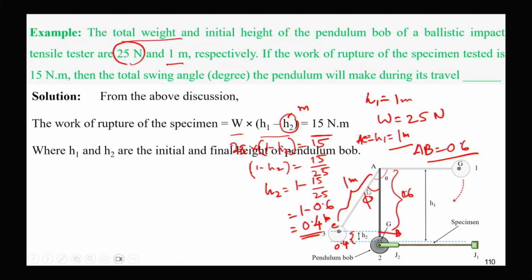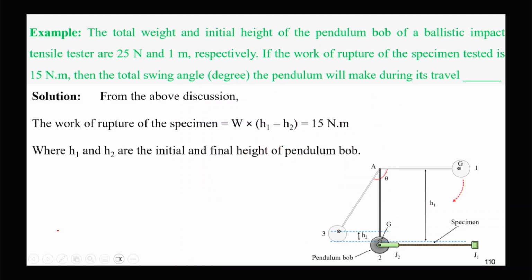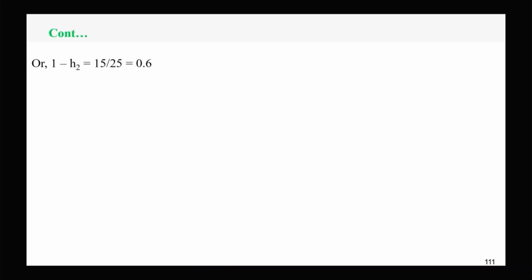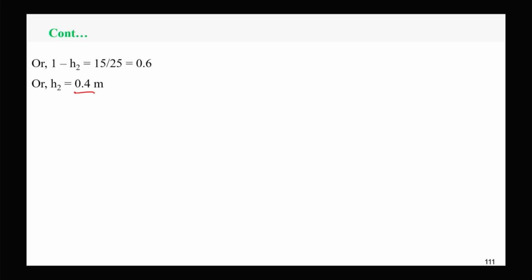So let us see. H1, H2 are the initial and final height. The weight of the pendulum bob is 25 Newton, H1 is 1 meter, and from this relationship we have calculated H2 is 0.4 meter.